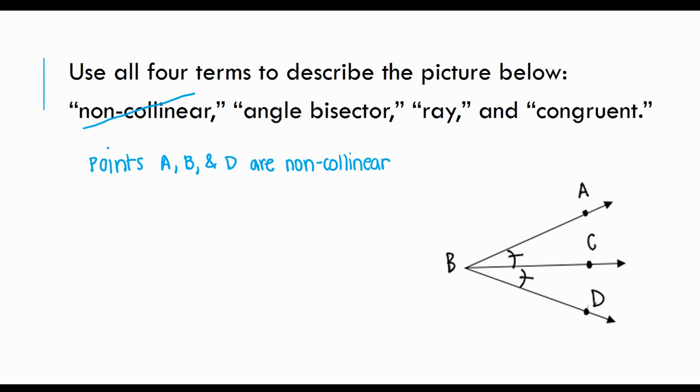Now we have angle bisector, ray, and congruent. So once again, you can use them all in one sentence. You can do 4 separate sentences or whatever. So I think I'm going to start combining words. So notice that in this picture, we have 2 small angles that are congruent. Notice that the 2 angles that are congruent share the same ray of BC. So I'm going to say that the ray BC, and because I've got 2 smaller angles congruent within a big one, ray BC is the angle bisector.